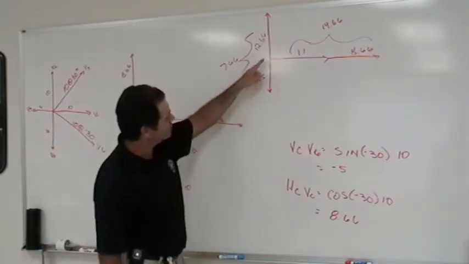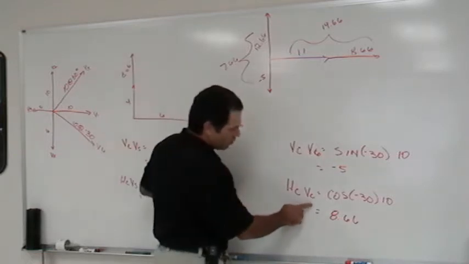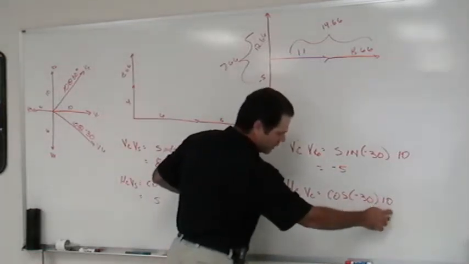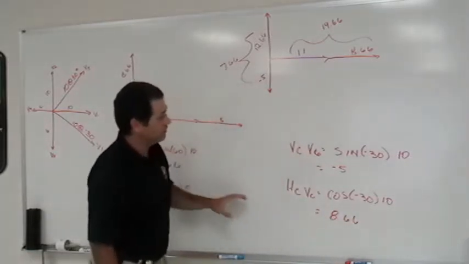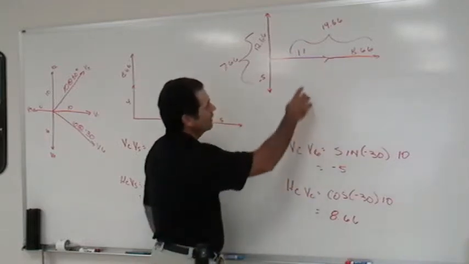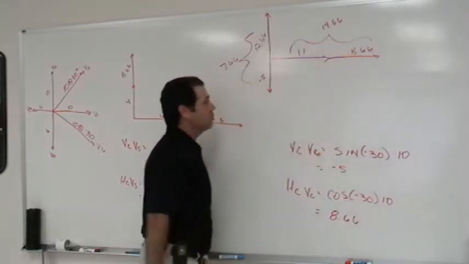So we put that into our triangle and it gave us negative 5 here. The horizontal component is equal to the cosine of negative 30 times 10, which gave us a positive 8.66. And we put that up into our triangle. So 11 plus 8.66 gave us 19.66.